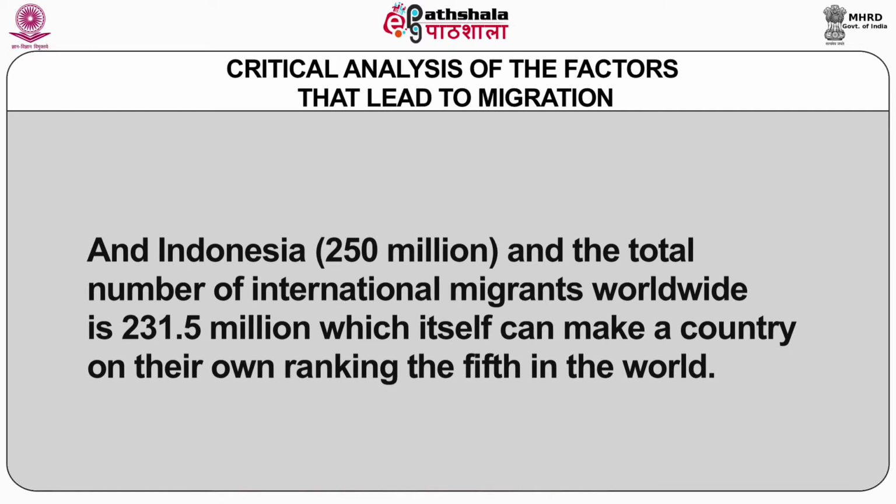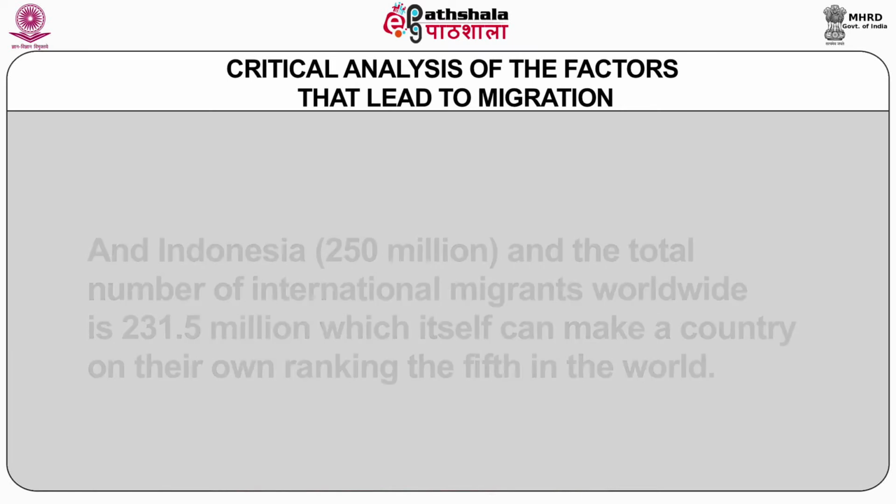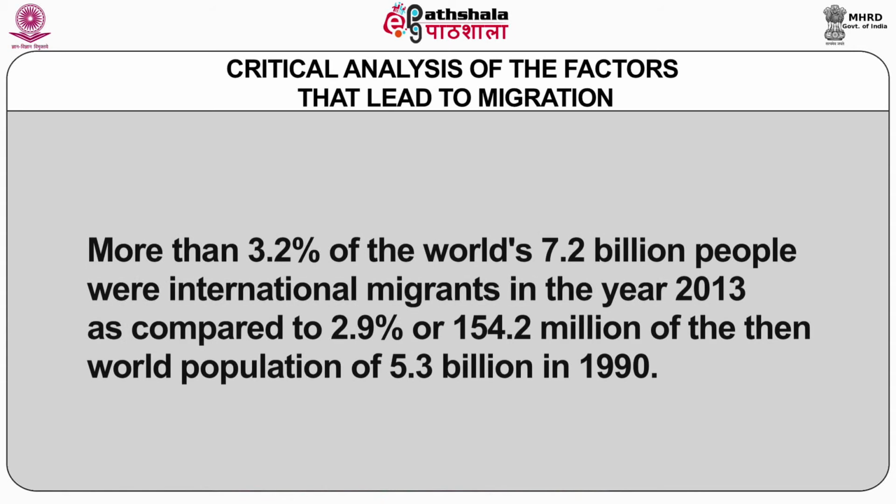The total number of international migrants worldwide is 231.5 million, which itself can make a country on its own, ranking 5th in the world. More than 3.2% of the world's 7.2 billion people were international migrants in 2013, as compared to 2.9% of the then world population of 5.3 billion in 1990, which was 154.2 million.